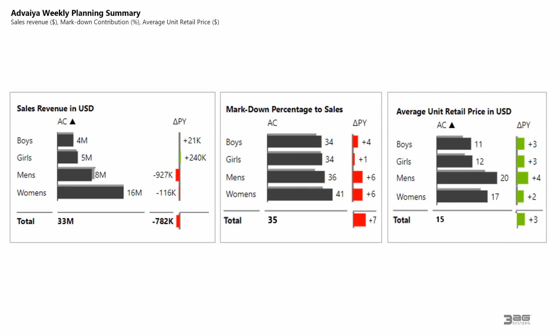Now, one thing that you might notice here is we have eliminated the need to use filters to compare the different divisions on all the visual elements on the dashboard. In the original dashboard, you're not able to quickly see the markdown percentage by division and the average retail price by division and do comparisons across divisions and also across years. Now, we're not done yet though, so there's still a lot more that we can do.